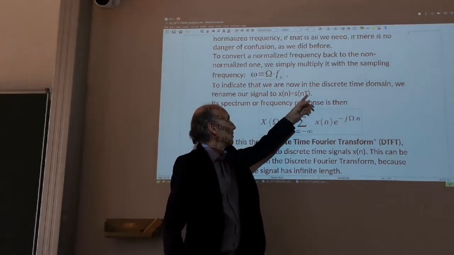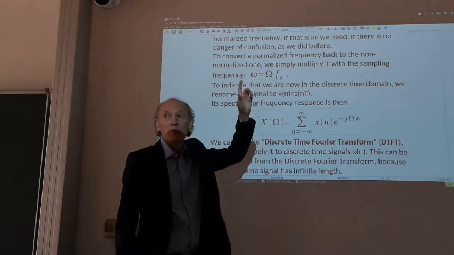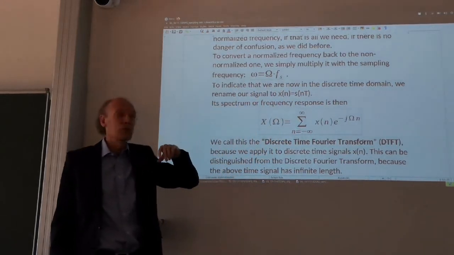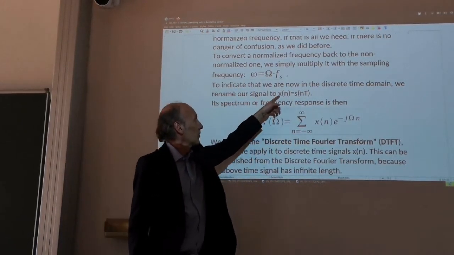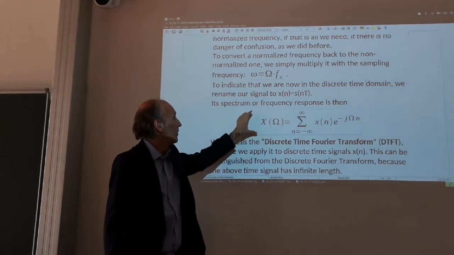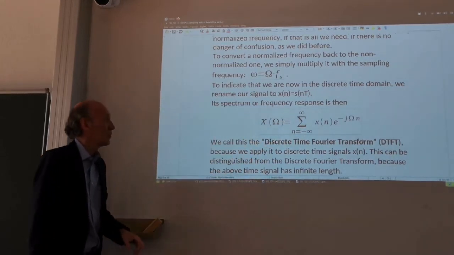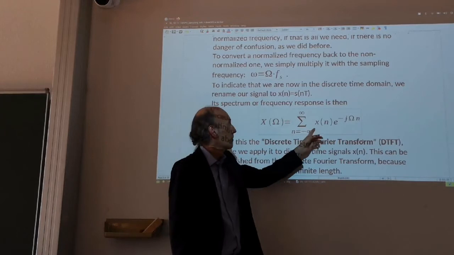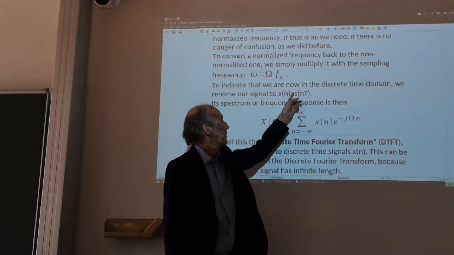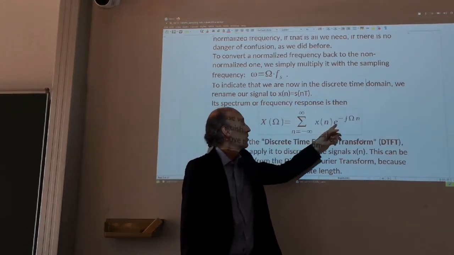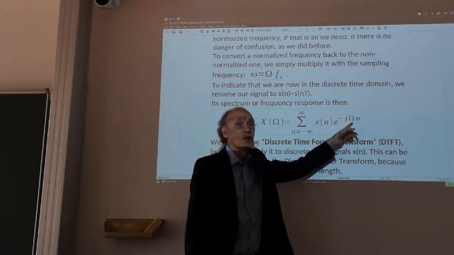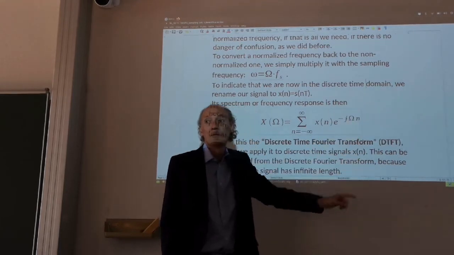We don't need to know capital T anymore when we are in the normalized domain. We just have a sequence of numbers. And then this discrete time Fourier transform becomes this. Right? We have x of n, and then we have e to the minus j omega, the normalized frequency, times n.